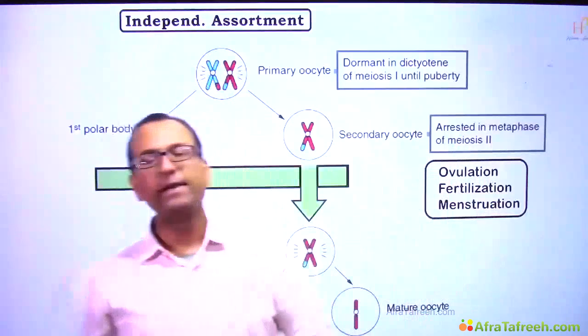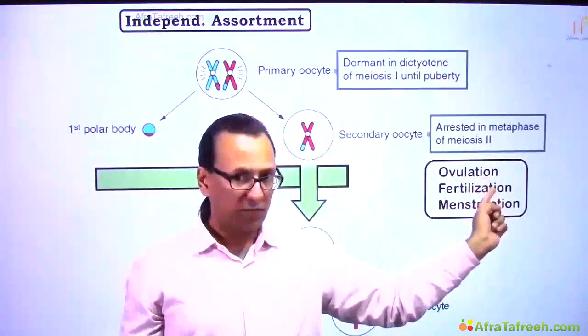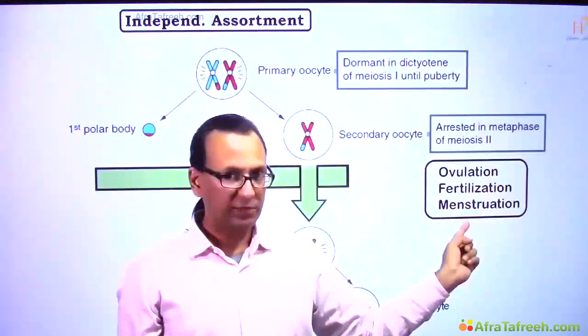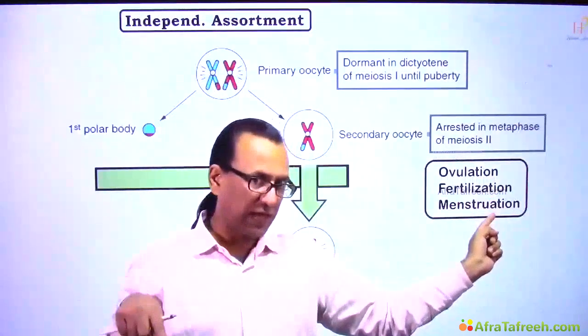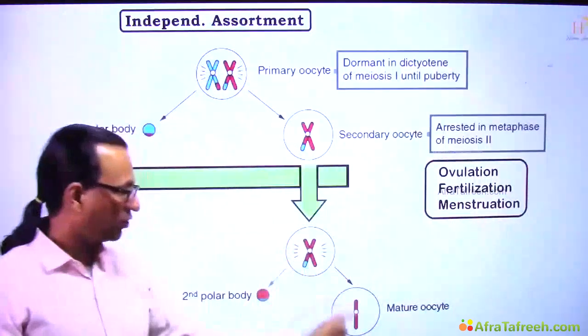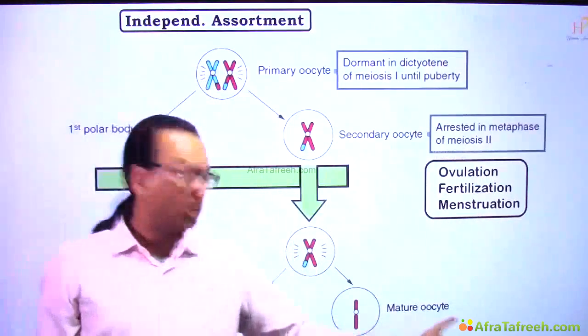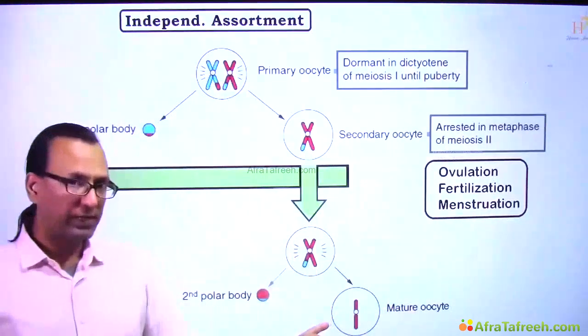But there is a probability that this secondary oocyte may undergo fertilization, but most of the time it is undergoing menstruation, because fertilization is a rare event. If fertilization happens, then you'll have what is called as the second polar body, and also the mature oocyte. Actually, mature oocyte will be a fertilized oocyte.